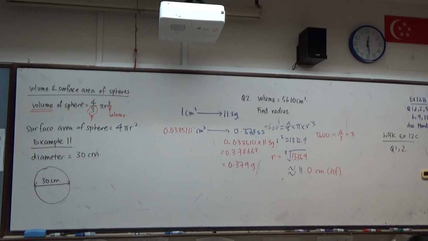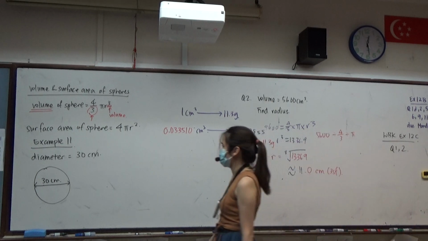What will you do first? 4 times pi times 15 squared. Very good.